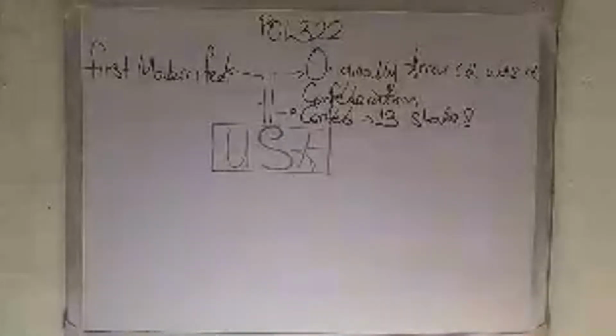Now, after a while, these 13 states, this confederation, evolved into what we refer to as a federal union. That was in 1787.